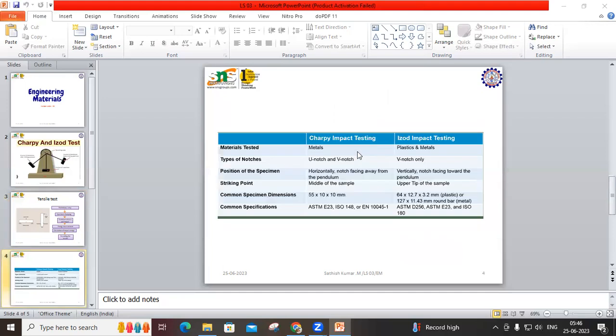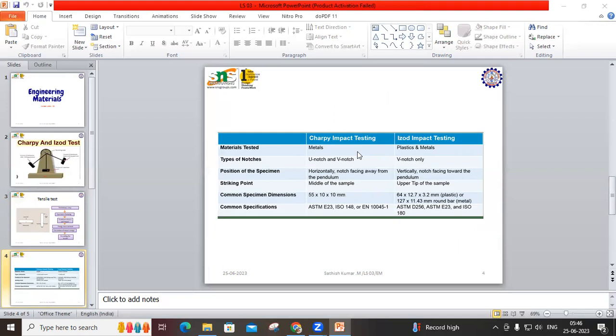So we have a beautiful comparison here between the Charpy impact test and the Izod impact test: what materials are used, how the notches are to be made, the specimen striking point, common specimen dimensions, and common specifications.